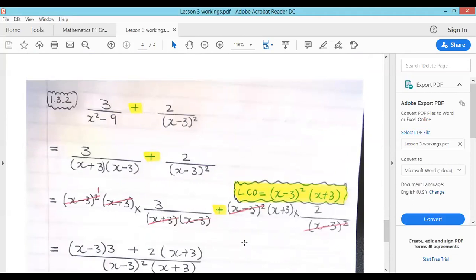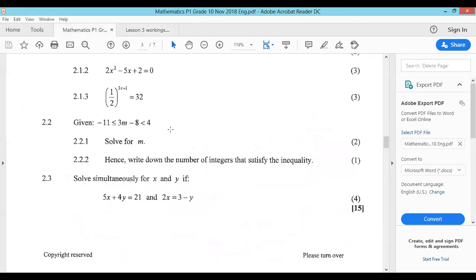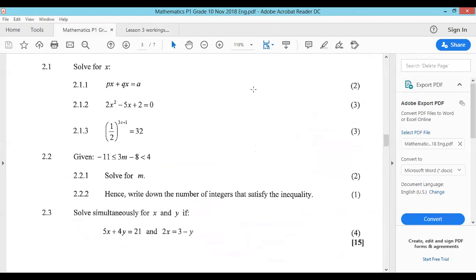What is LCD? What is lowest common denominator and stuff like that? Now, guys, remember here it's totally different from what we were doing today. Today basically we were just solving for x. We were doing this question. Does it make sense?